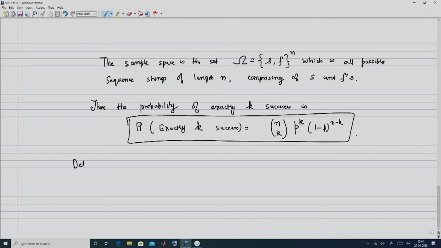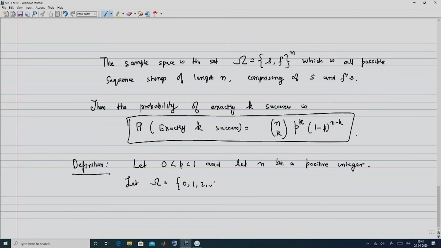So now, once the motivation is done, I am in a position to start off with the definition. So let 0 less than p less than 1 and let n be a positive integer, then let omega be 0, 1, 2 all the way to n.